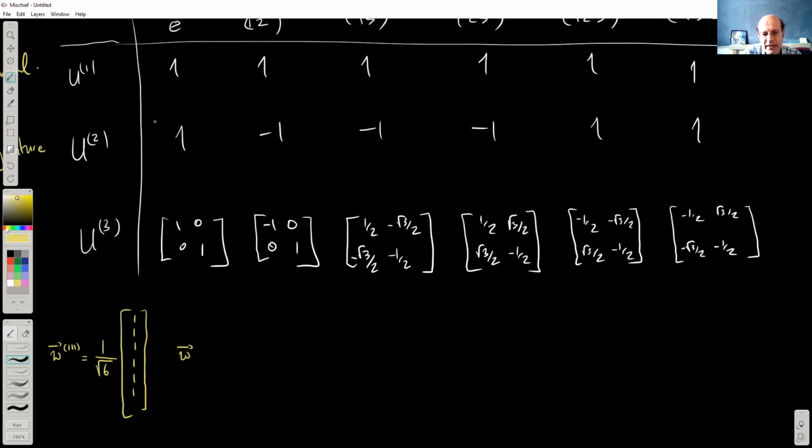The second vector is the representation 2 and these matrix elements. Obviously, there is only one matrix element. So I'm going to call this W211. That's also 1 over root 6, times 1, -1, -1, -1, 1, 1. You can also easily see that this is normalized and it is orthogonal to the first one.